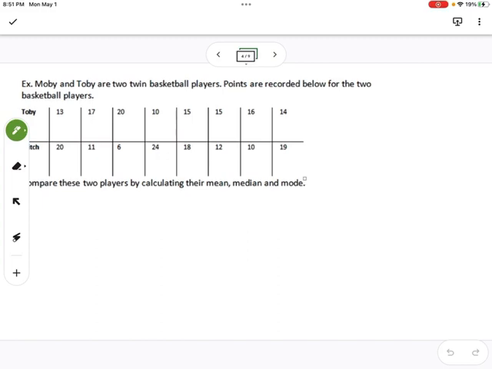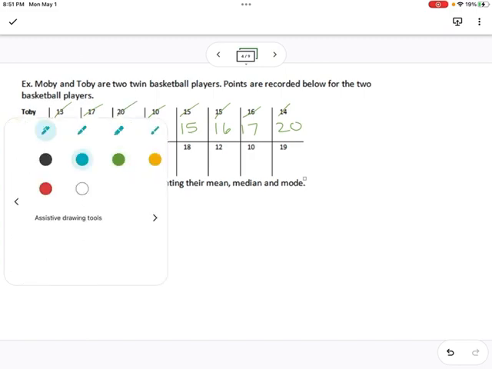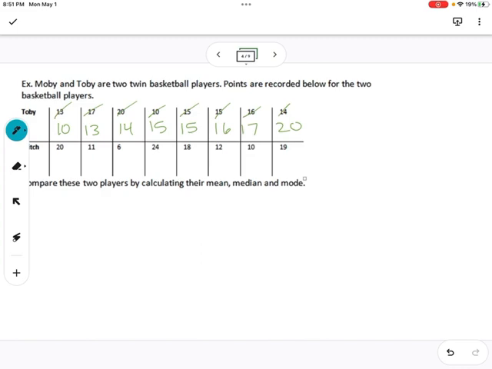So the first thing you want to do is arrange the data from lowest to highest. Okay, so for Toby, 10, 13, 14, 15, 15, 16, 17, and then 20.